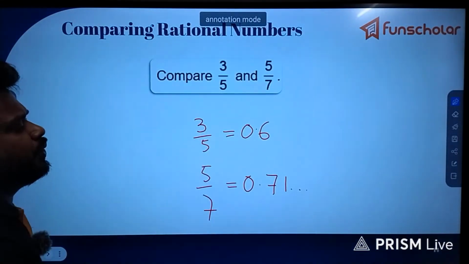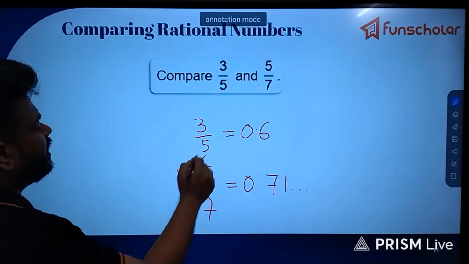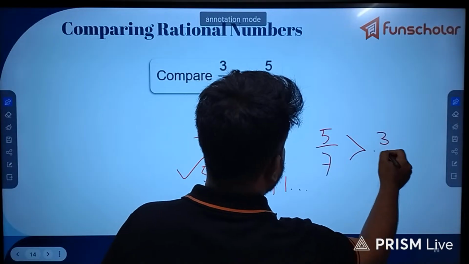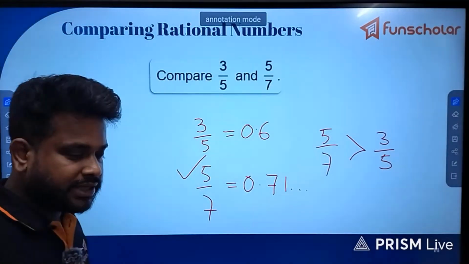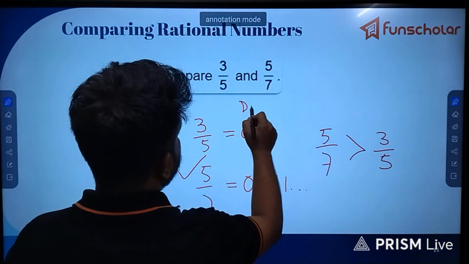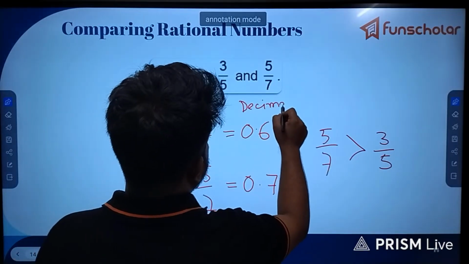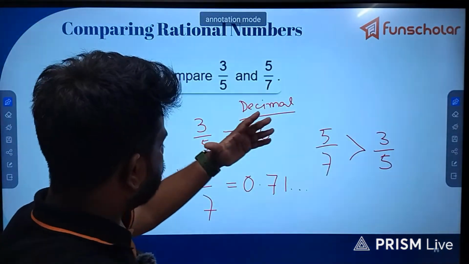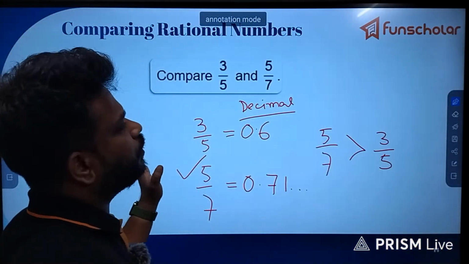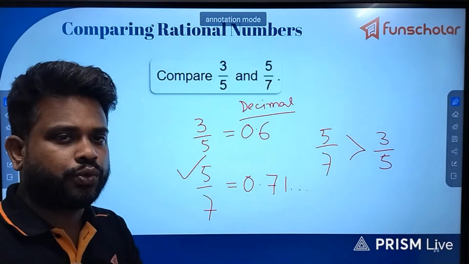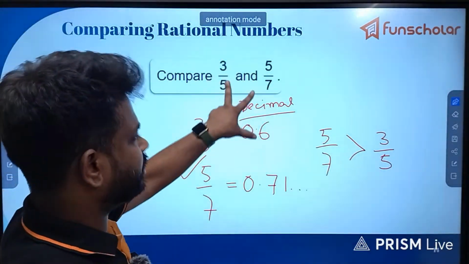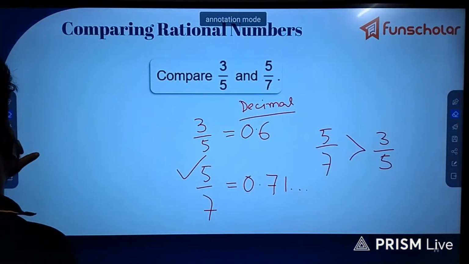So from these two we can tell that 5 by 7 will be greater than 3 by 5. This is the decimal process, by which we can verify which fraction or rational number is greater or smaller. So one process is done.